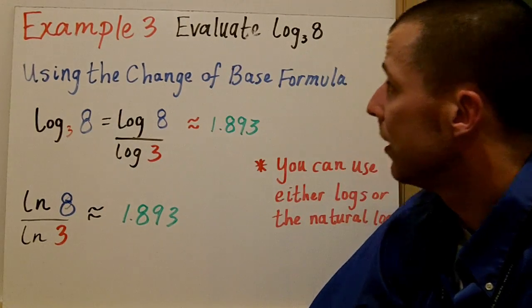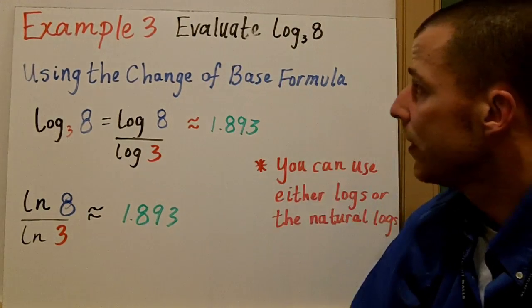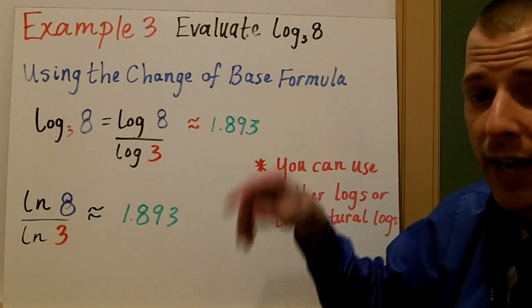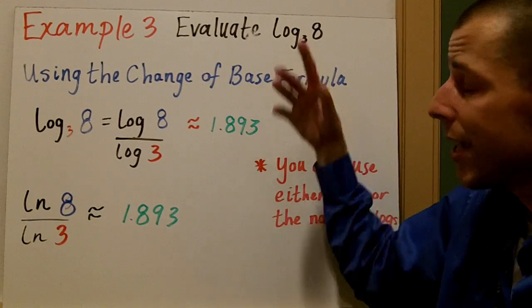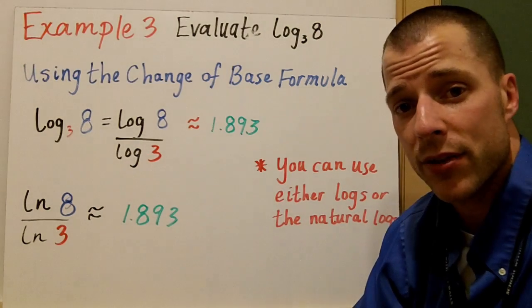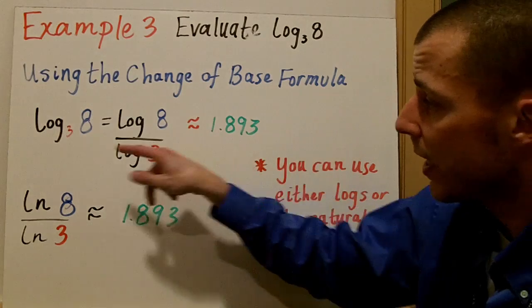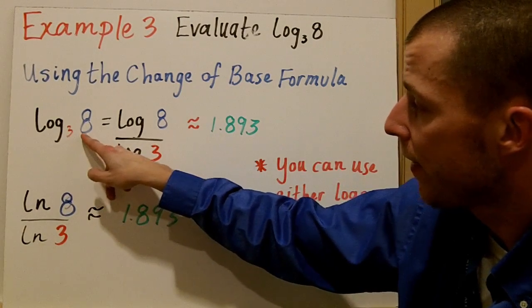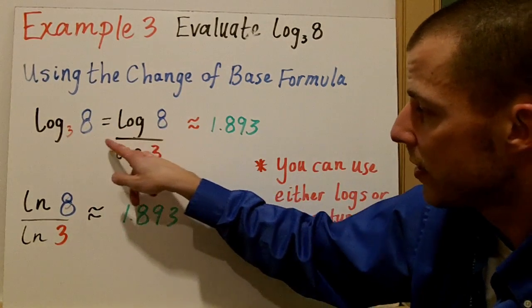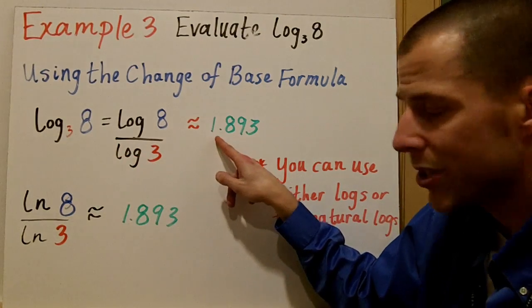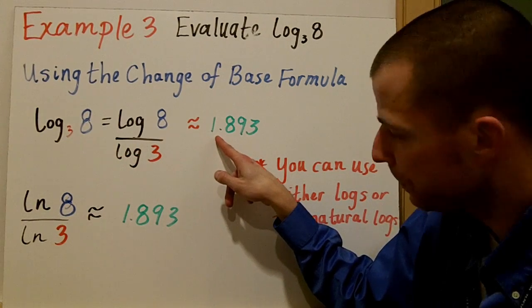Now, example 3. We're going to evaluate this logarithm, log base 3 of 8. So immediately I see I cannot evaluate the logarithm on the calculator because it's base 3. So using the change of base formula, log base 3 of 8 is equivalent to log 8 divided by log 3, which is approximately 1.89.